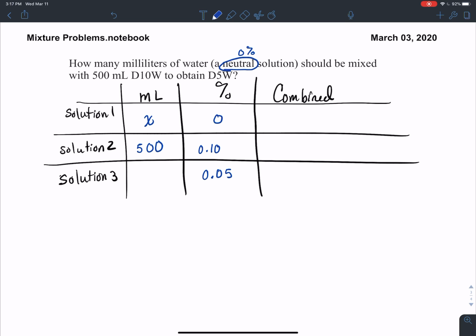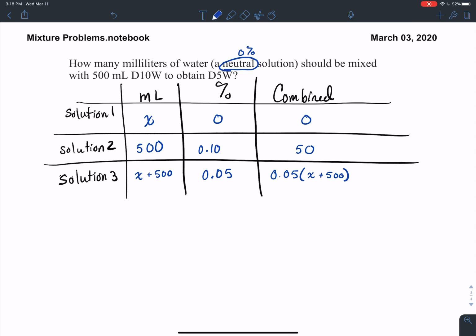To find the milliliters of that resulting solution, I need to add solution 1 and solution 2. When I multiply straight across, x times 0 is just 0. 500 times 0.1 is 50. And once again, I have a plus, so I need to make sure that I do that percent times that entire milliliter, so the x plus 500 in parentheses.